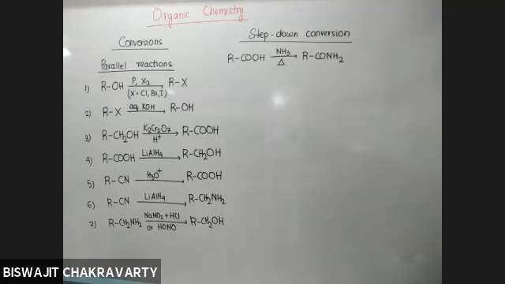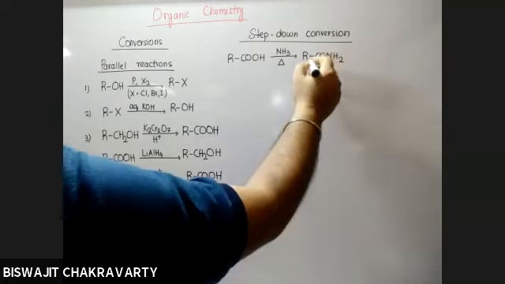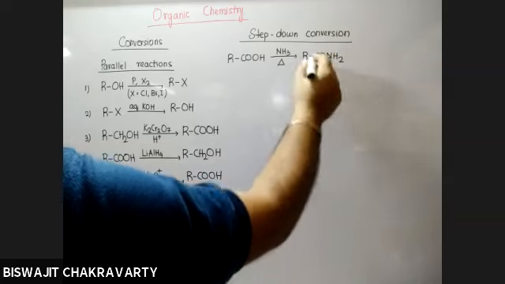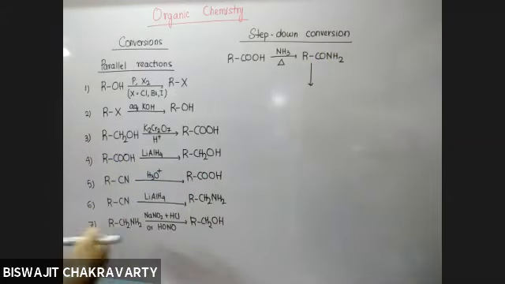But why did I give you this parallel reaction in step down? Because the starting material for stepping down is amide, and nowhere is amide there in the parallel reaction. So amide gets connected with these reactions via carboxylic acid, and that is why I had to give carboxylic acid to amide first.